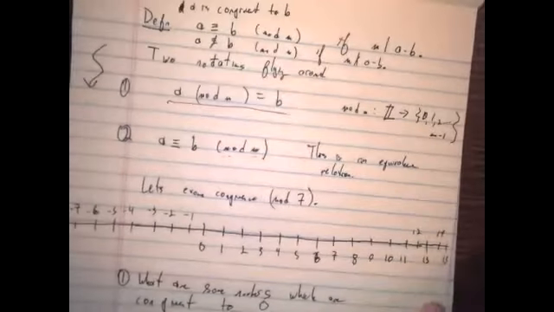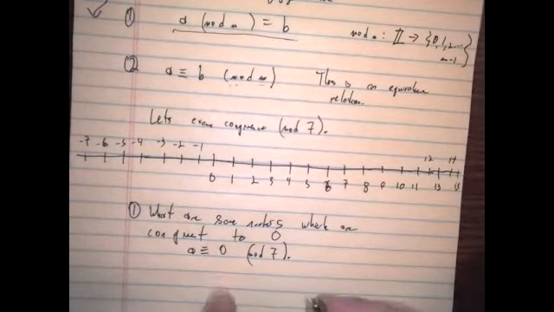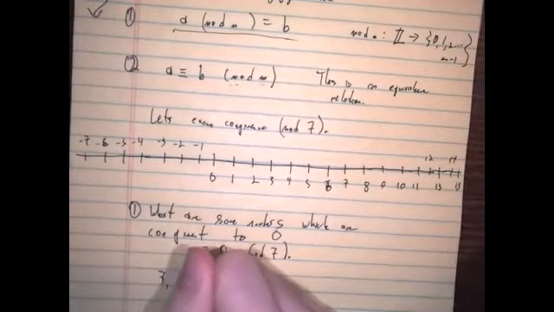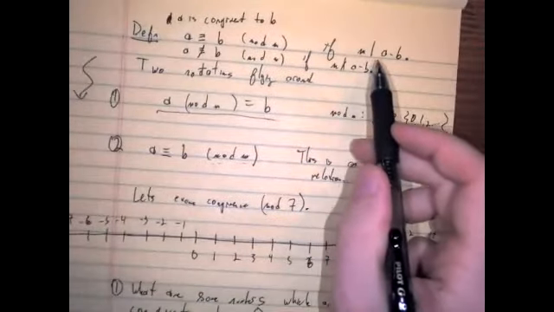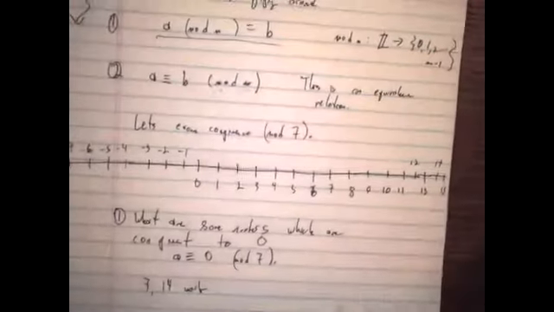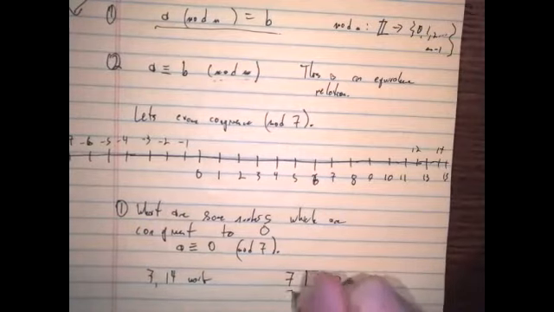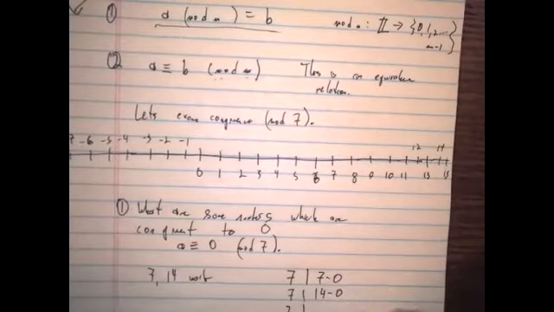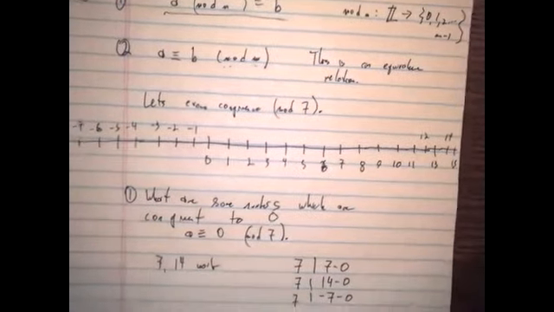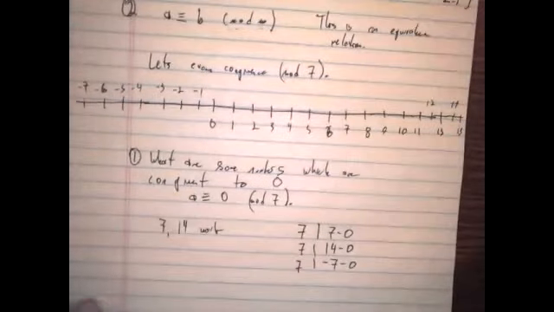Yeah, exactly. 7 and 14 are two examples of numbers that are congruent to 0 mod 7. 7 and 14 work because the definition of congruence says M must divide A minus B. And indeed, 7 divides 7 minus 0, and 7 divides 14 minus 0. 7 also divides negative 7 minus 0, right? 7 divides negative 7.